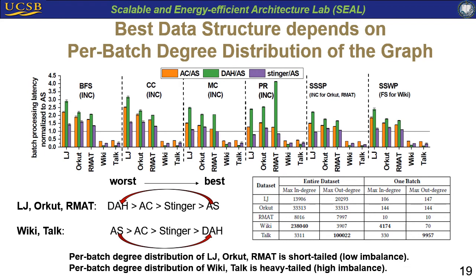On the other hand, for wiki and talk, their per batch degree distribution is relatively more heavy-tailed or higher imbalanced. This can be seen more clearly in the table on the right below, where wiki and talk consist of a higher max in degree or max out degree in the entire dataset, and also in one typical batch that is streamed in.